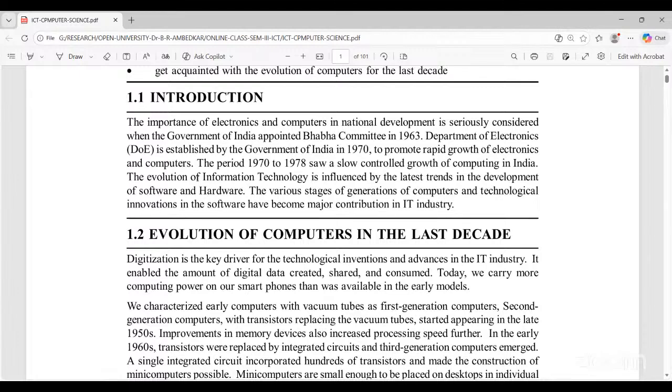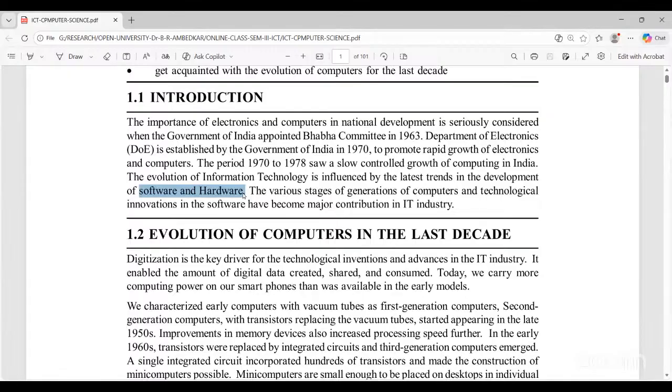Now, what is ICT technology here? The evolution of information technology from the last decades. It is in the trends of the development state, the combination of software and hardware.